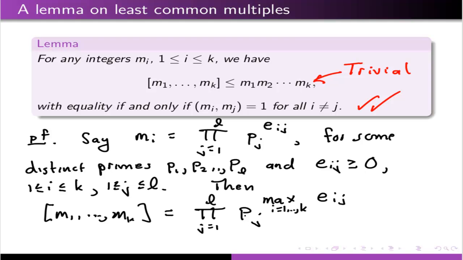So for each prime p_j, you take the maximum exponent over all the different moduli. And so, when is this going to equal the product? How does the product compare? There you have to take the sum of the e_ij. Okay, let's put this together on the next slide.